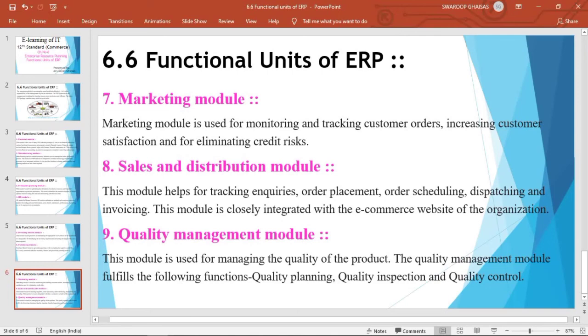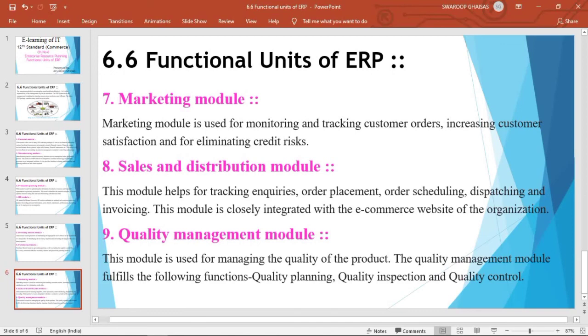That is quality planning, that is they have to plan for a certain range of quality. Then quality inspection, that is whether that particular quality has been achieved or not will be checked with the quality inspection. And then quality control, that is if suppose the product is not a quality product, then they can change the particular product to achieve a certain quality. So that is about a quality management module.